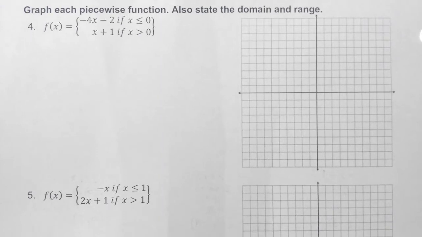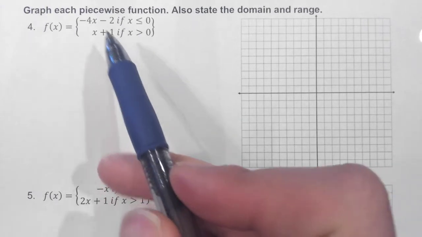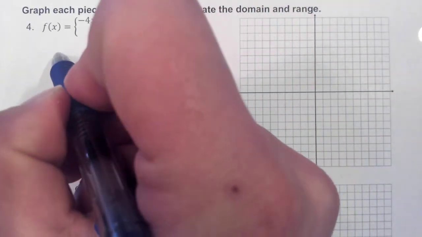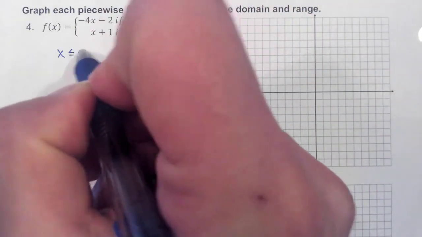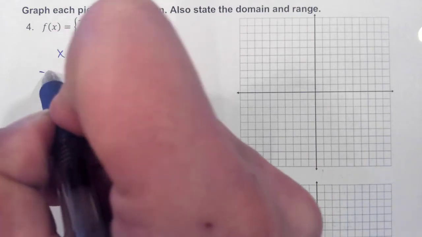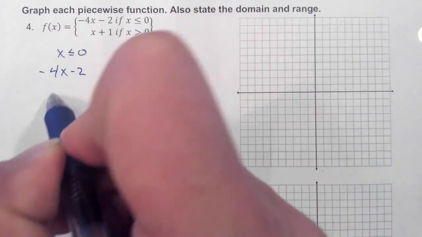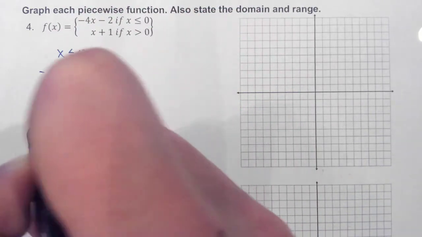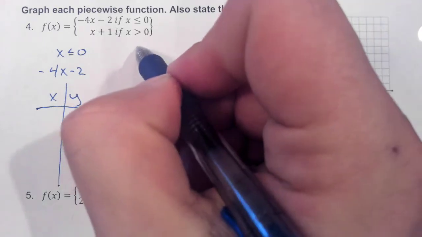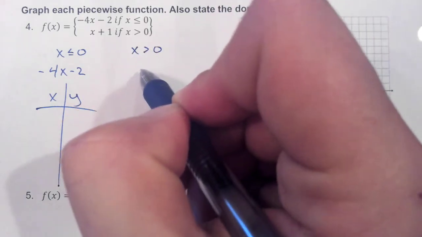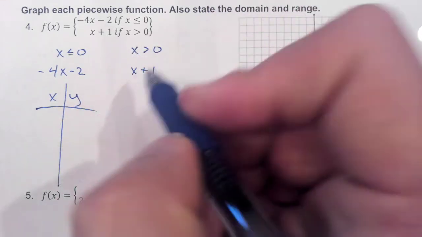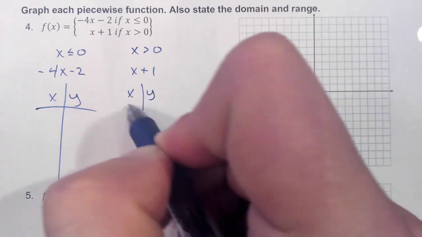Okay, so again, I'm going to make 2 graphs, or 2 tables. Okay, my first one is going to be x is less than or equal to 0. So that would be the negative 4x minus 2 part of the xy table. And then this one is x is greater than 0. So its function is x plus 1. It's xy table.